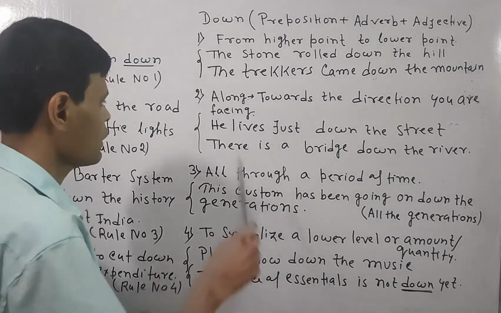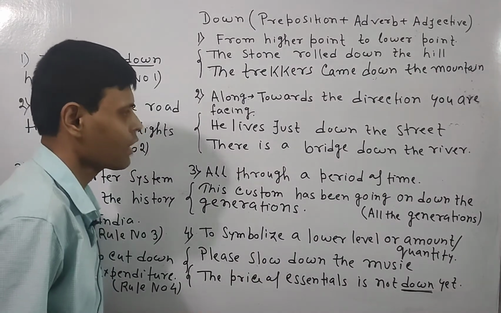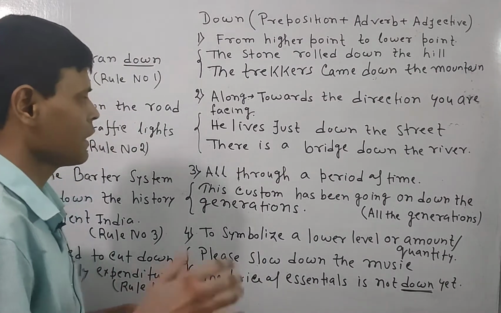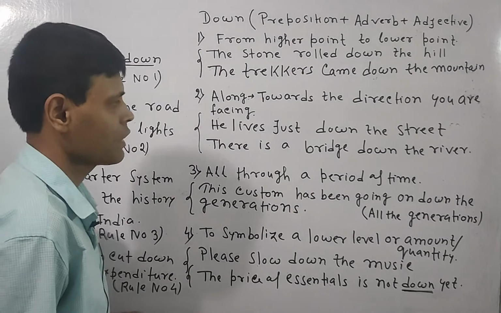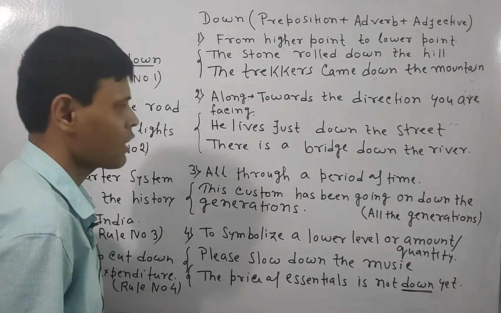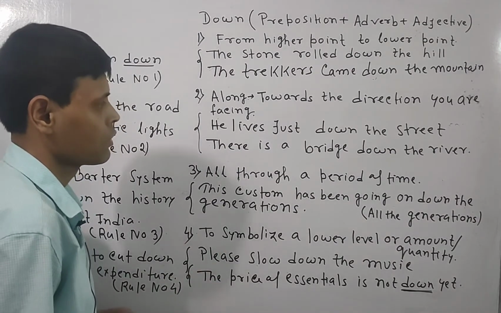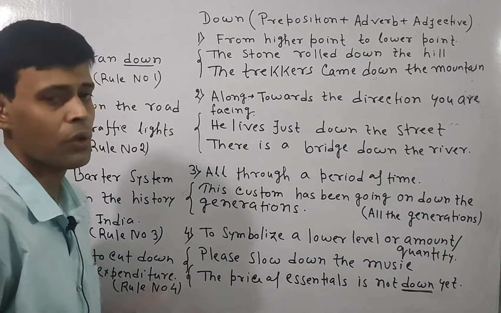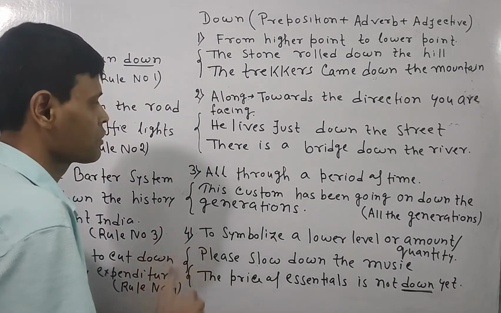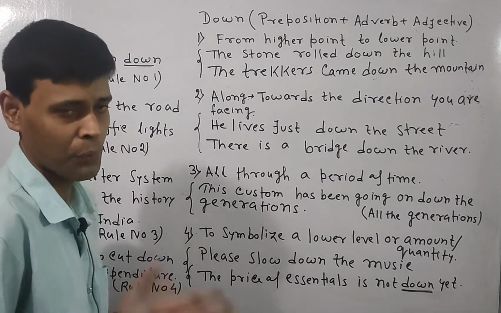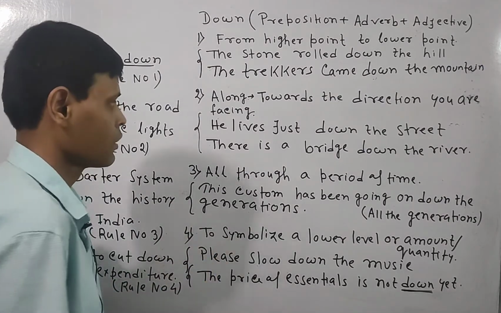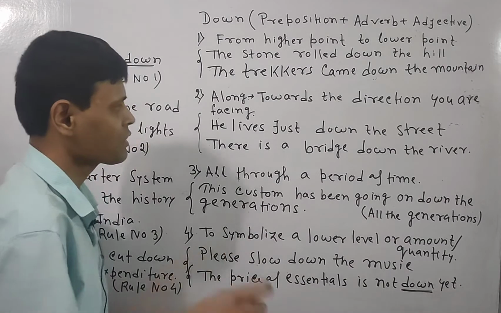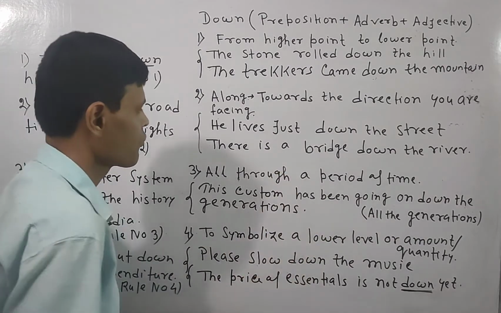So he lives just down the street means he lives just towards the direction where the street is located. So along means towards the direction you are facing.